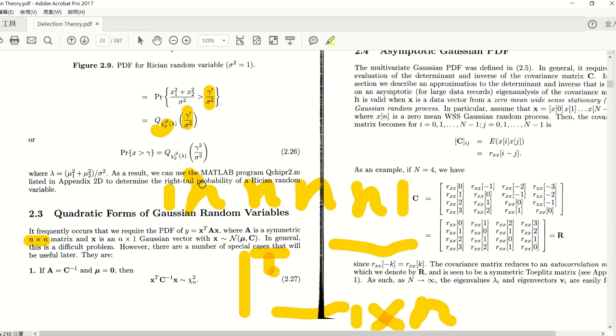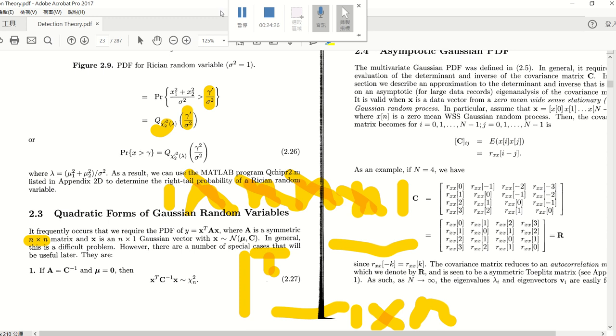As a result, this cancels out, this cancels out, and the outcome will be 1 by 1. So y is a 1 by 1. Then what is a 1 by 1 matrix? A 1 by 1 matrix is in fact a scalar. It's a scalar.